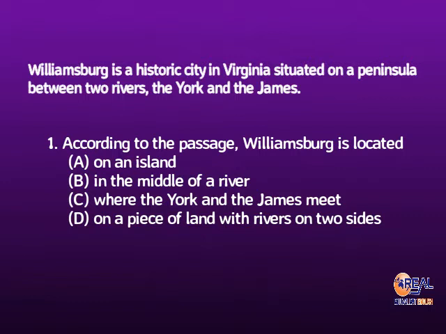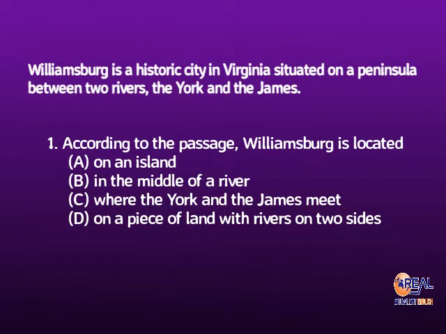So why is B not correct? Even though there is a river there, right? Because it said in the middle, but actually it is not in the middle, but between two rivers. It's quite different, right? Then C is incorrect because the passage says nothing about whether or not the two rivers meet at Williamsburg.